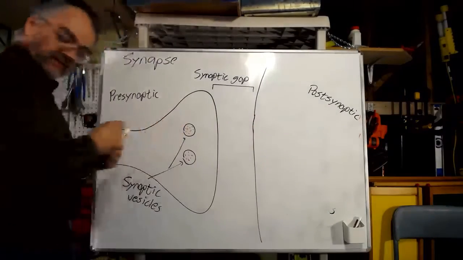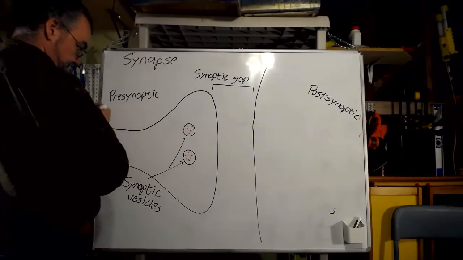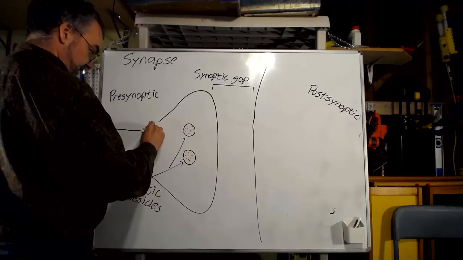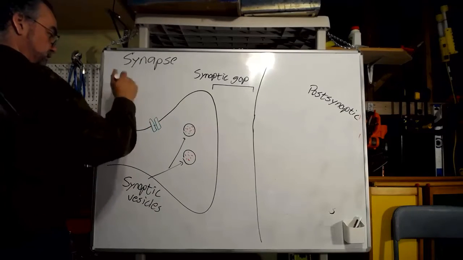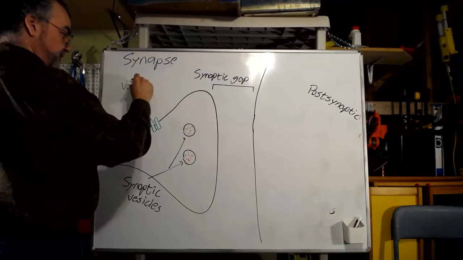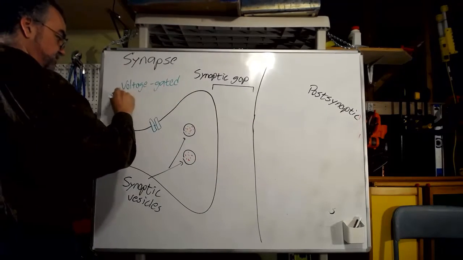Now, one other thing of importance. On this presynaptic cell, I have voltage-gated calcium channels.